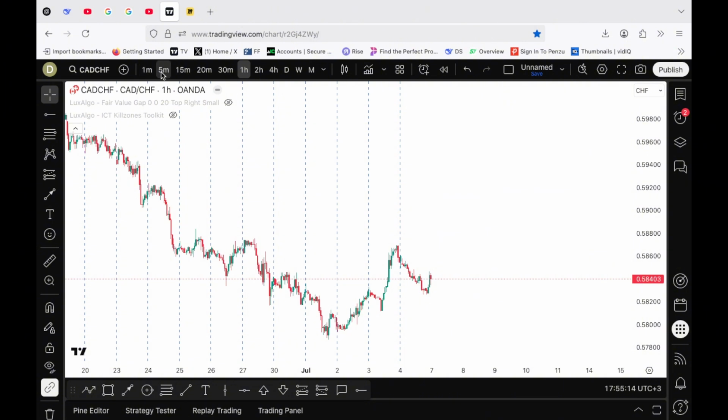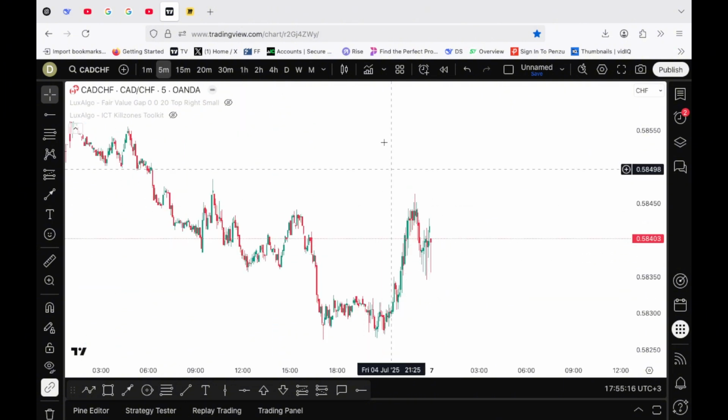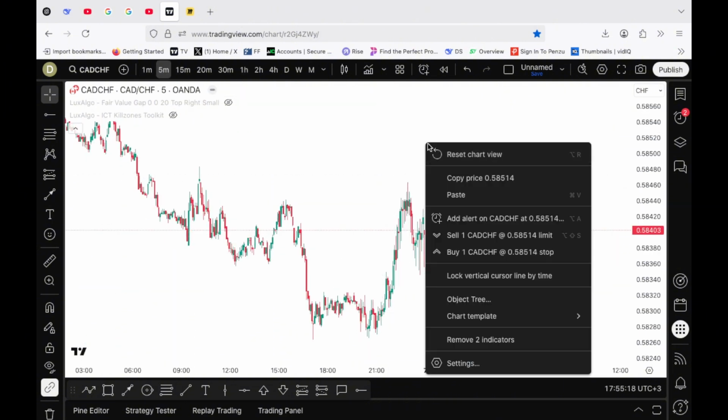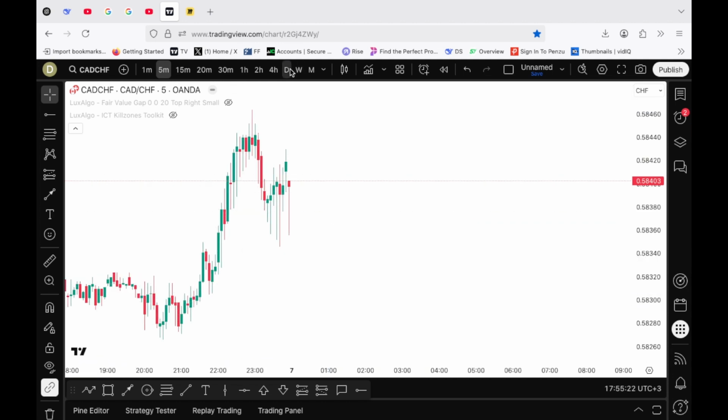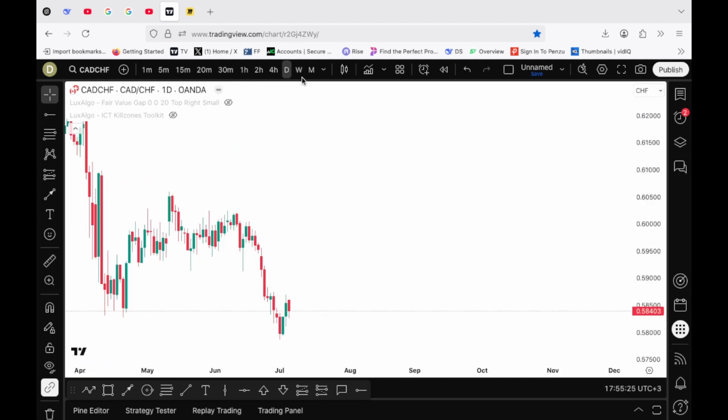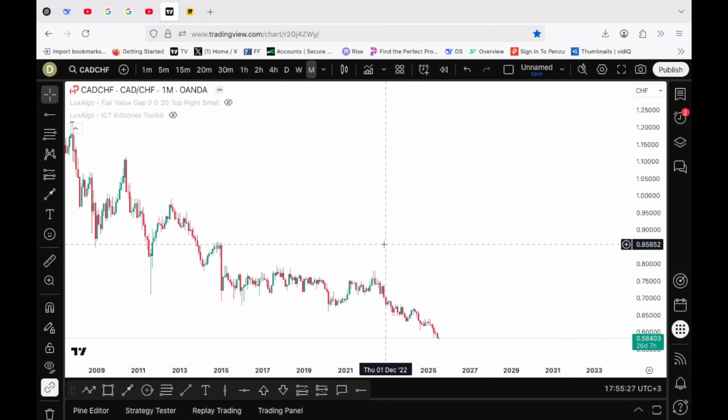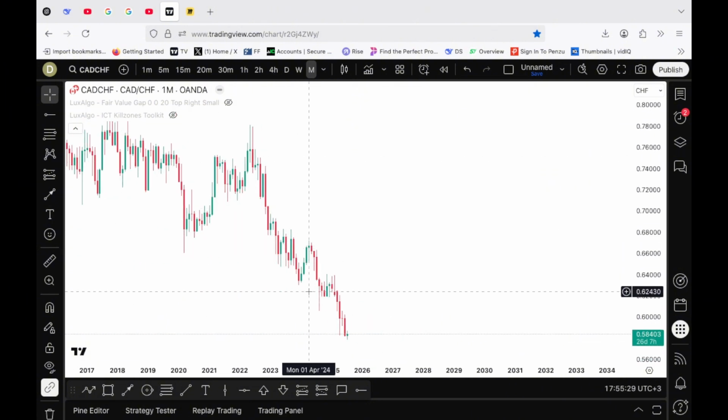You go to M5 and market structure has been going up for the last few minutes. You go to D1 and realize the market structure is down. You go to monthly, there is not even a shred of shift. The market structure is 100% down.